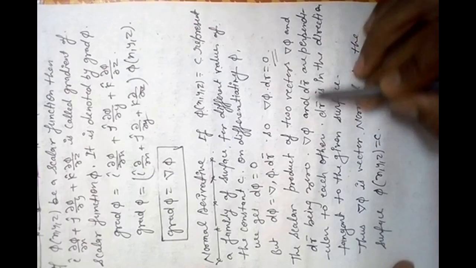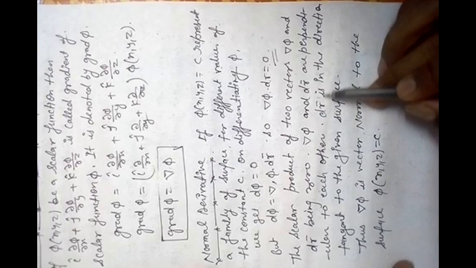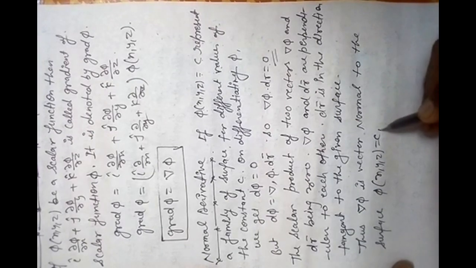So del phi and dr are perpendicular to each other. Okay, dr is in the direction tangent to the given surface. Thus del phi is the vector normal to the surface.